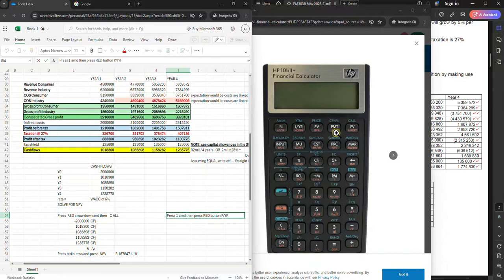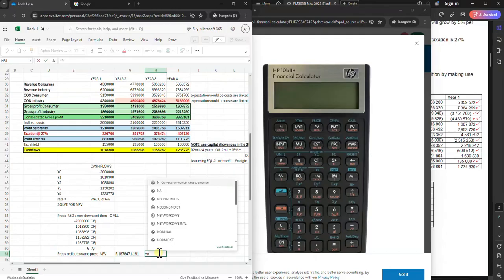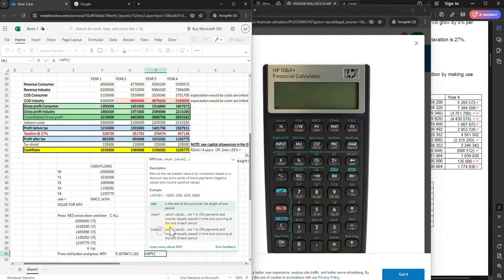So press the red button, one, press P/YR. Then press shift clear all. Do you still have the same answer? Now I have one payment per year. Okay, then do it again. Just type everything in and then let's see what you get.